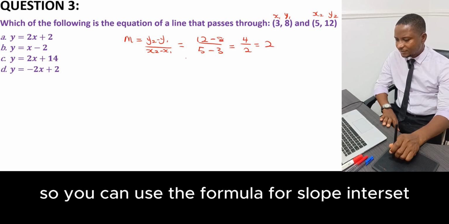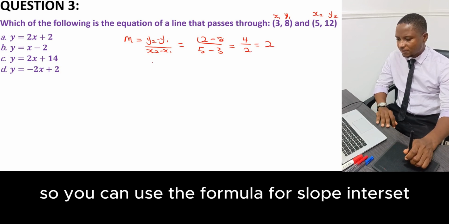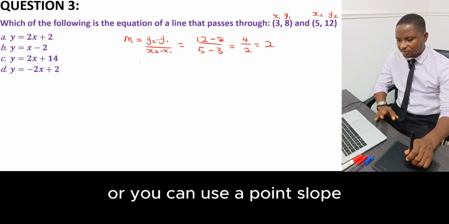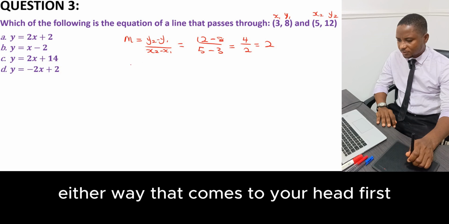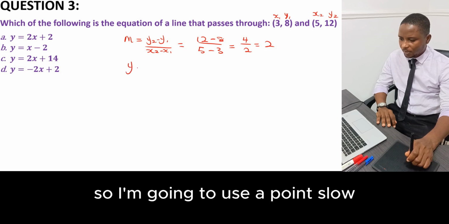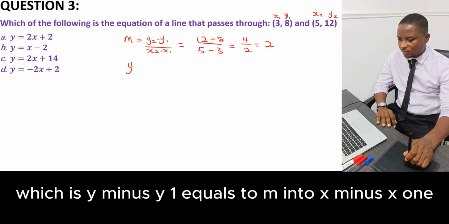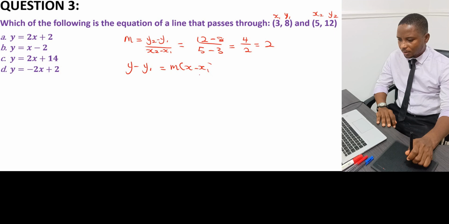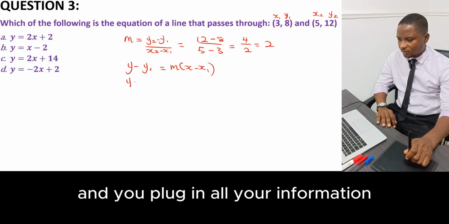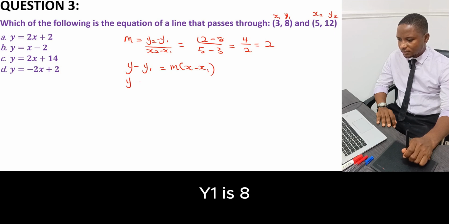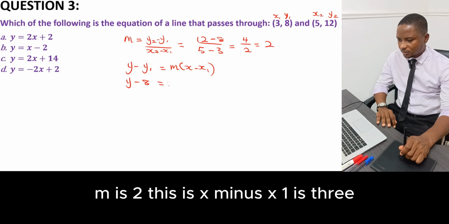So you can use the formula for slope-intercept, or you can use point-slope, whichever comes to your head first. I'm going to use point-slope, which is y minus y1 equal to m into x minus x1. And you plug in all your information. y1 is 8, m is 2, and x1 is 3.